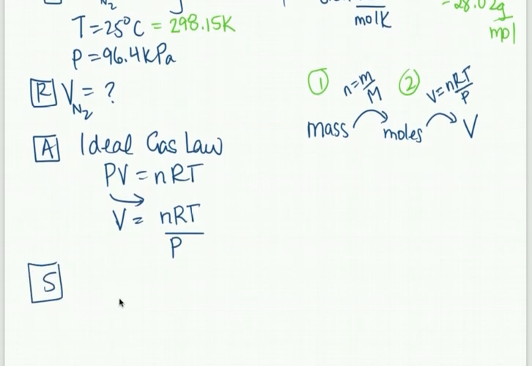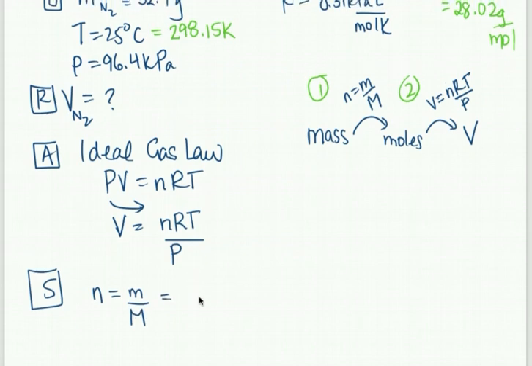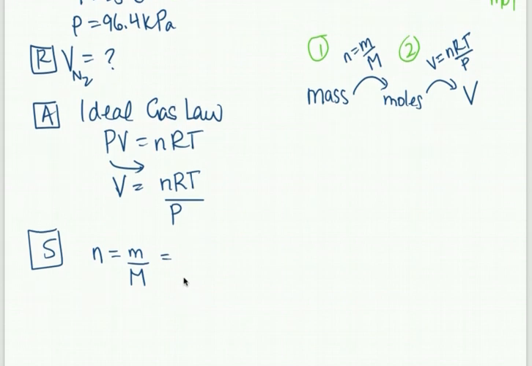So the amount. This is for the formula people. The amount is found by taking the mass, which we have at the beginning, 32.4 grams, and dividing by the molar mass, which is 28.02 grams per mole. Then we end up with an amount of this.